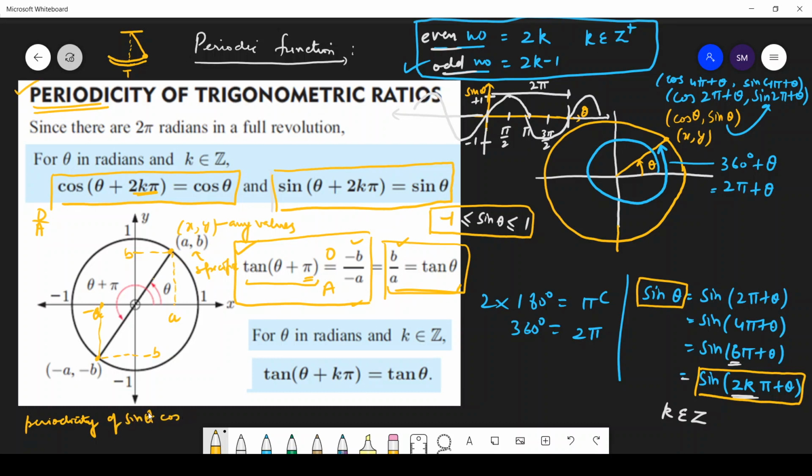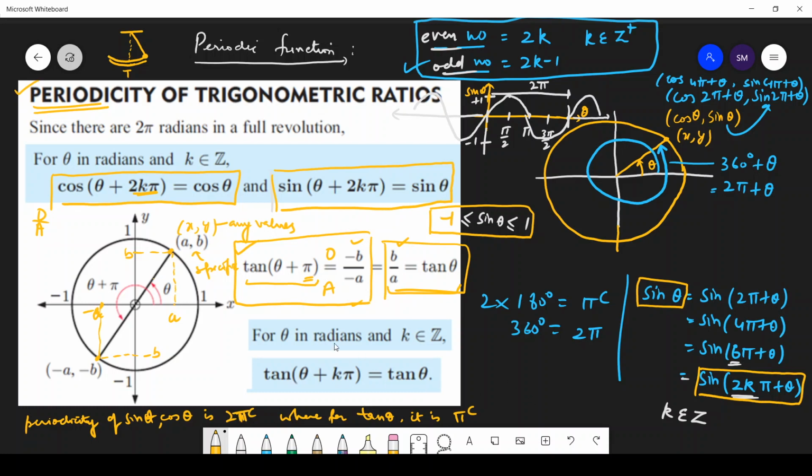So the periodicity of sine theta and cos theta is 2 pi radians, whereas for tan theta the periodicity is pi radians, right? Yes, sir.